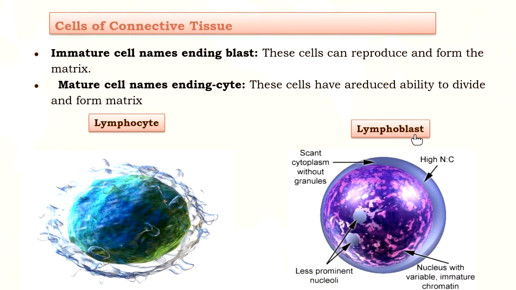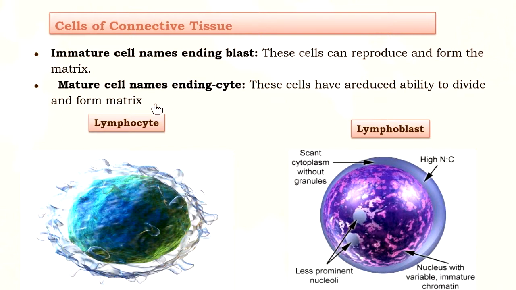If we talk about the mature cells, the last is CYTE, the lymphocyte. That means both the cells have different endings. The blast means this is an immature lymphoblast, immature cell. Lymphocyte means this is a mature cell of the lymphoid series. These cells have reduced ability to divide and form the matrix.